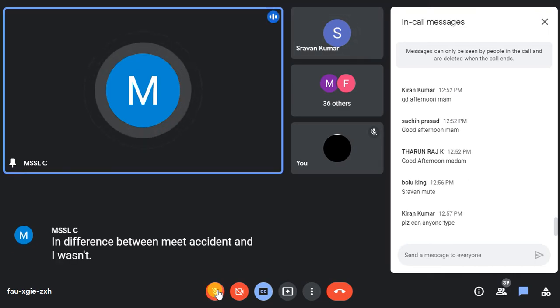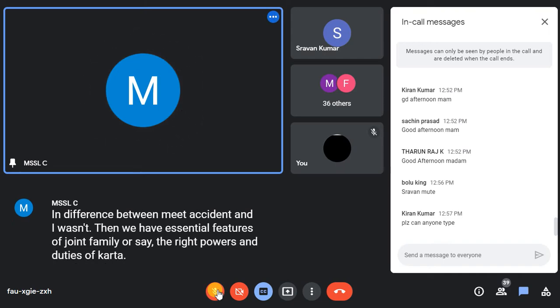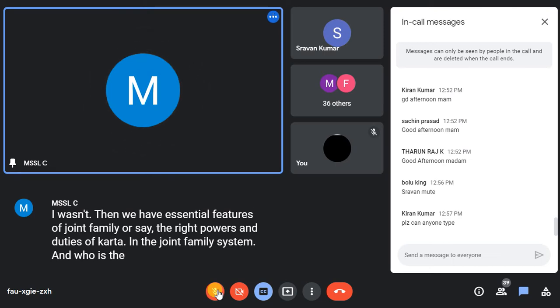Then we have the essential features of joint family, or say the rights, powers, and duties of the Karta in the joint family system. And who is a coparcener? How does that affect?